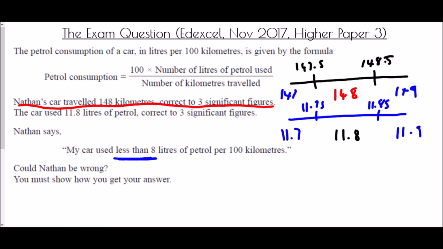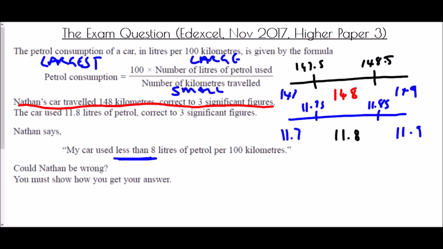And so the suggestion here is that we want to find out what is the largest petrol consumption that we could possibly get. And so if it's going to be the largest possible, then the number of litres of petrol used needs to be large, and the number of kilometres travelled needs to be small.